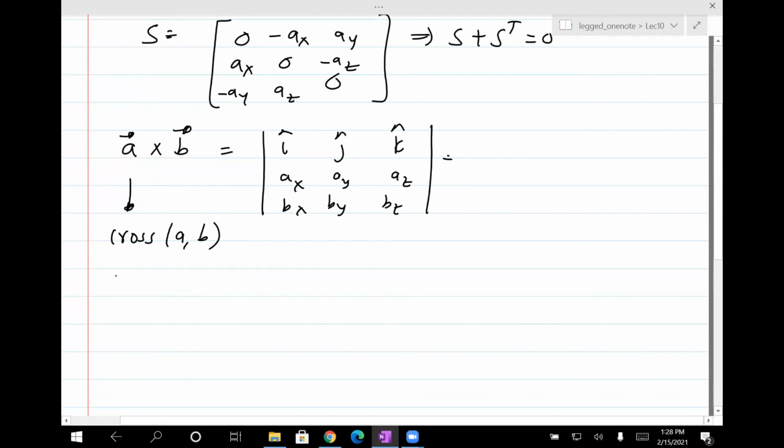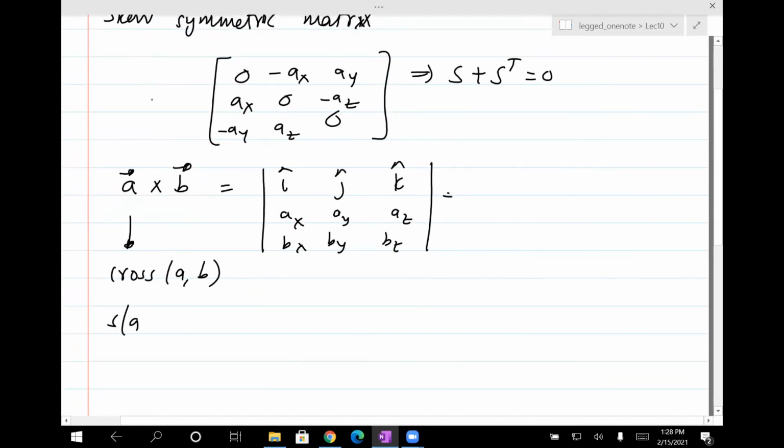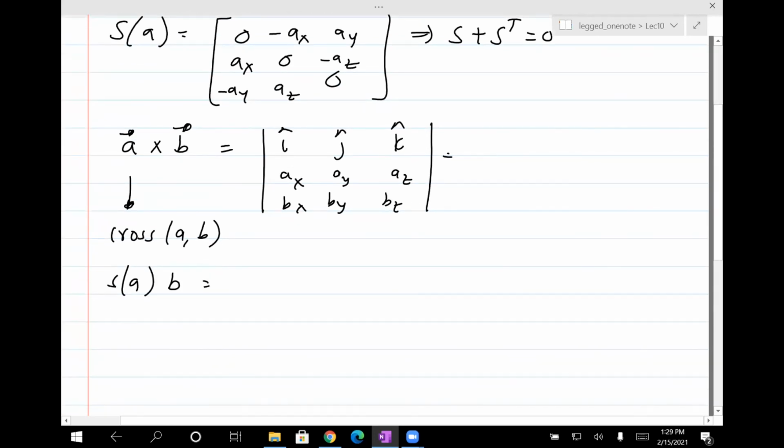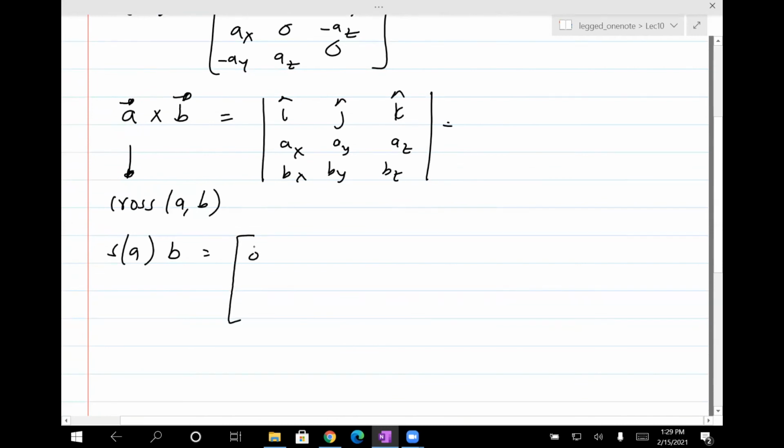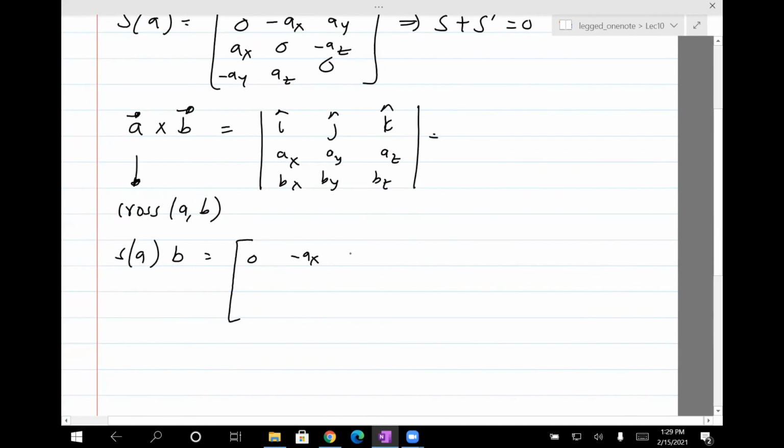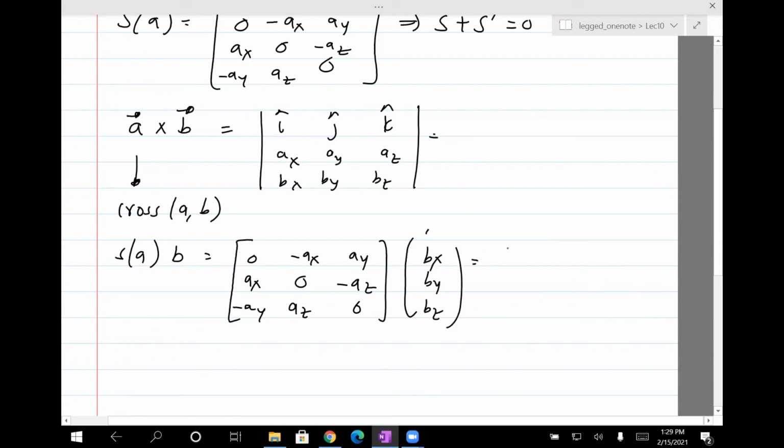It turns out you can also write it as S of A times B. S of A is 0, minus AZ, AY, AZ, 0, minus AX, minus AY, AX, 0, times B, which is BX, BY, BZ. If you do this multiplication, you will see it gives you the same answer. So you can take A cross B and write it as S of A times B.